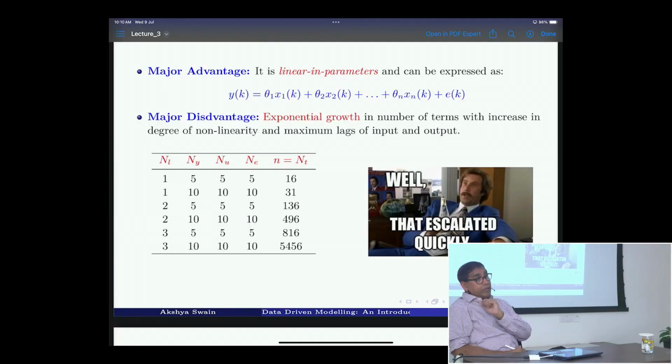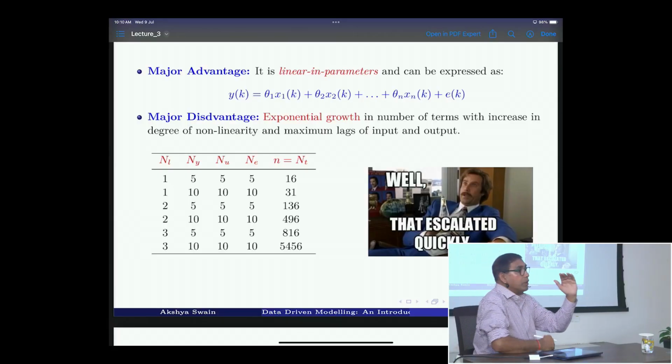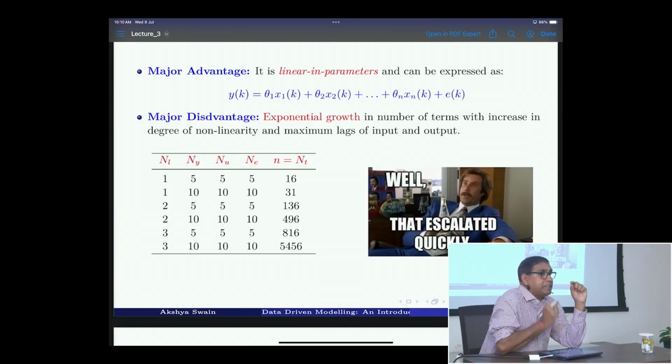Now the real problem comes when the system is nonlinear. Then there are many things. First, what is the maximum lag, NA and NB? And what is the degree of nonlinearity? Second order quadratic nonlinear, cubic nonlinear, right? In a linear system, by changing it in the computer, the total number of possible parameters changes from 2 to 20.